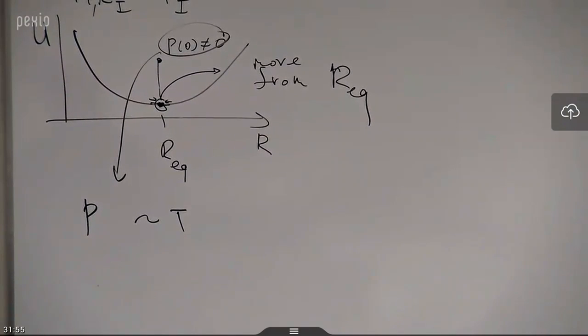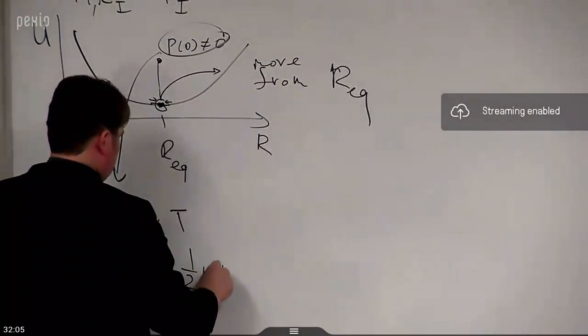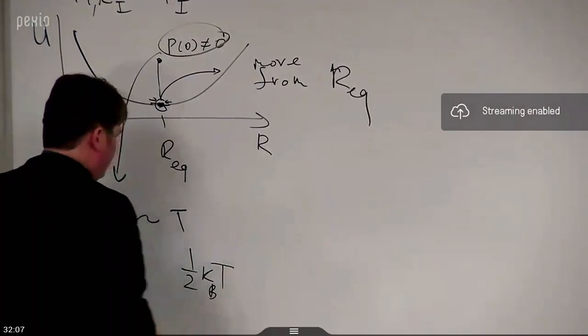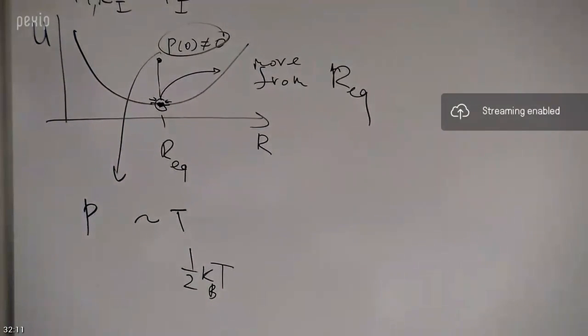Okay. So on the right, it is 1/2 kT, where kB is the Boltzmann constant. What is on the left? P squared over 2m.